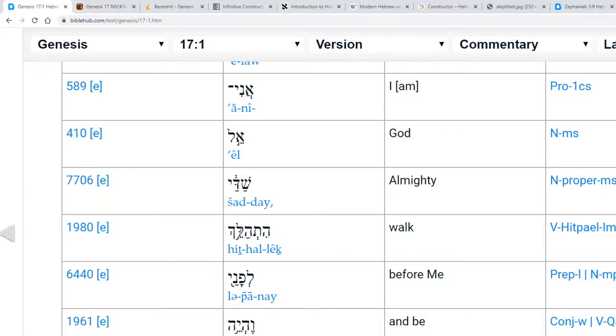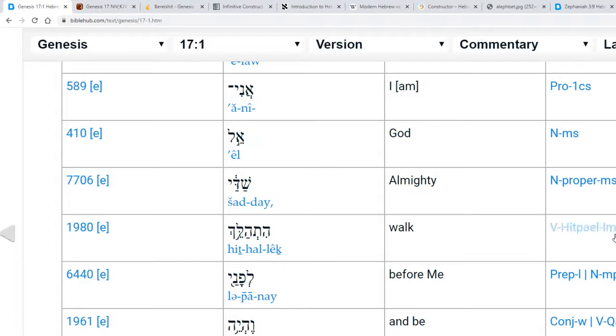Hithalech, okay? So the root here, and generally whenever we're talking about a verse, I will try to give you what I think the 3-letter root of that word is. And the root here, I would say, is Hey Lamed Chaf, which means to walk. Okay? And it's in the Hitpa'el form, and they're saying imperative. Masculine singular. Hithalech.